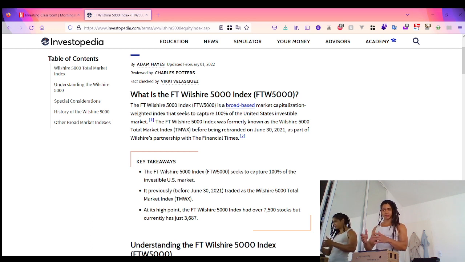This index, the Wilshire 5000, is broad-based.